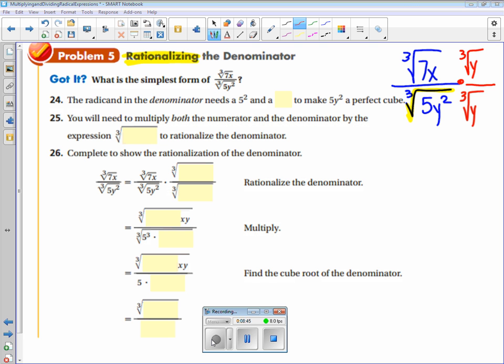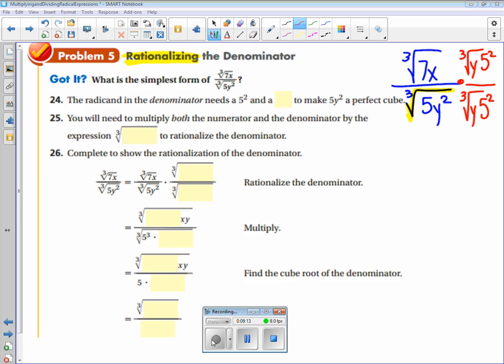How many 5s do I have right now in the denominator? How many do I need total? I need 2 additional 5s. So I'm going to put 5 squared, which is 25, but we're going to leave it as 5 squared. Is that okay? So 5 squared and 5 squared.